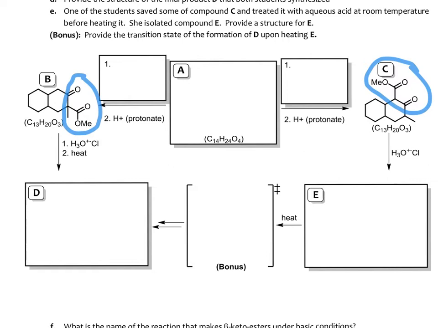When you have a beta keto ester, it means that you had an ester-derived nucleophile and an ester electrophile. And what happens when a carbon nucleophile attacks an ester? The alkoxy group on the ester is going to leave in an addition-elimination reaction.